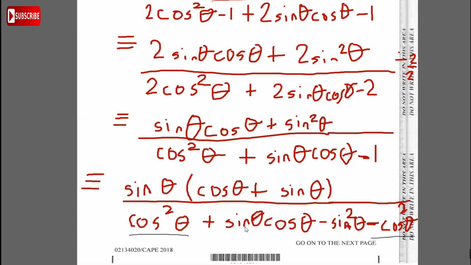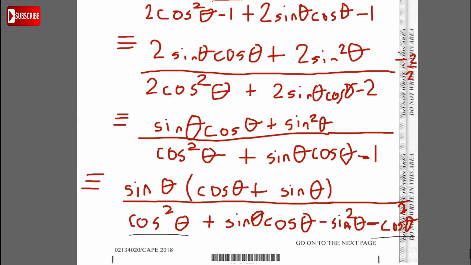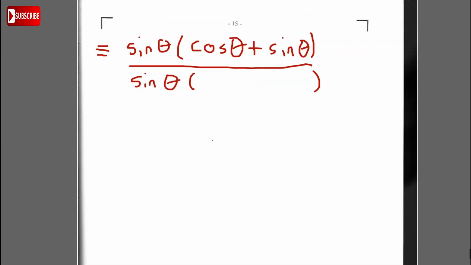Both of these have sine theta in common, so I'm going to factor out a sine theta. When I factor out sine theta, I'm left back with cos theta minus sine theta.